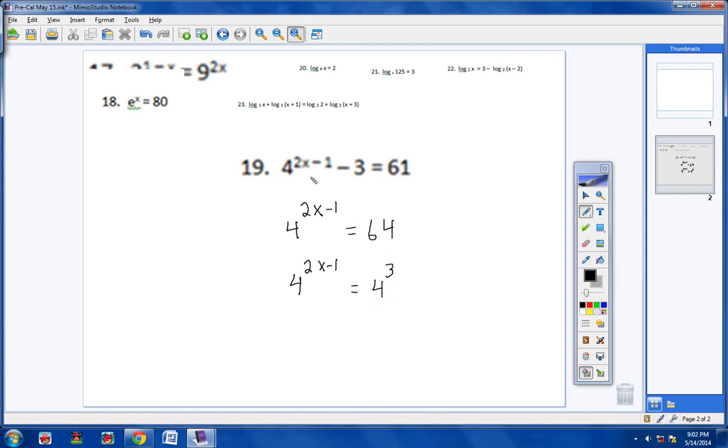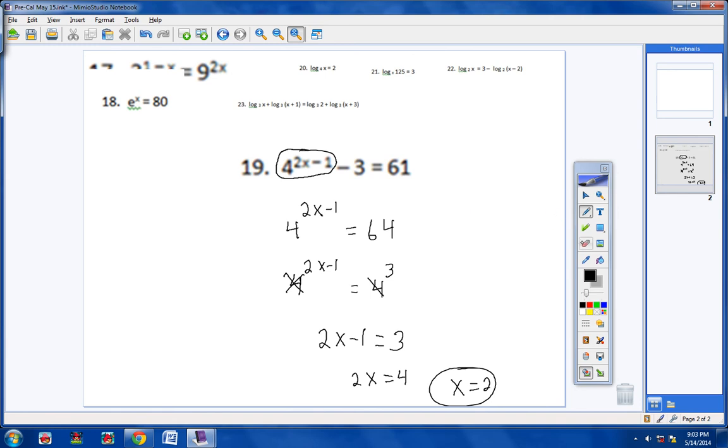But it was so important, guys, that I first isolated the base and the exponential unknown. You must get them isolated. And now my bases match, so I can really just cross them off and take the exponents and set them equal to each other. Okay, bring the 1 over and make it a positive 1, and I'm left with this. Divide both sides by 2, and x equals 2.